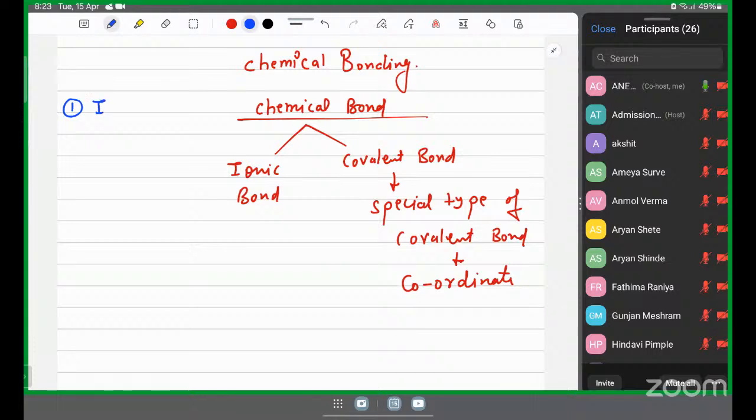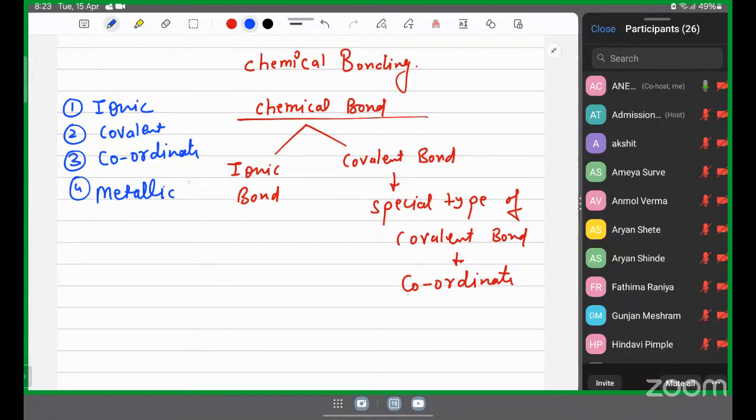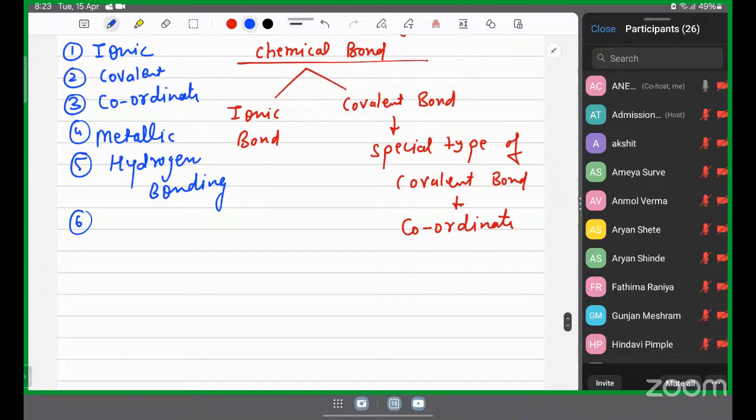First one is ionic. Second one, covalent. Third one, coordinate. Fourth one, metallic bonding. Fifth one, hydrogen bonding. And finally, we have van der Waals forces.